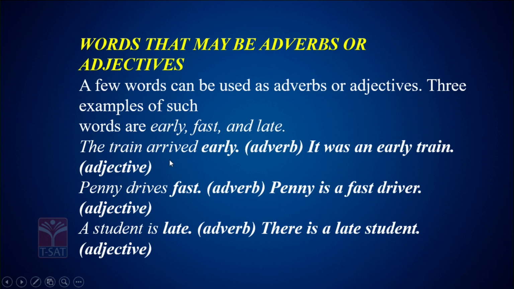The train arrived early. In this sentence, early is used in the sense of adverb. Then it was an early train. In this sentence, early is used in the sense of adjective. Penny drives fast. This fast is used in the sense of adverb. Penny is a fast driver. Here the word fast is used in the sense of an adjective.